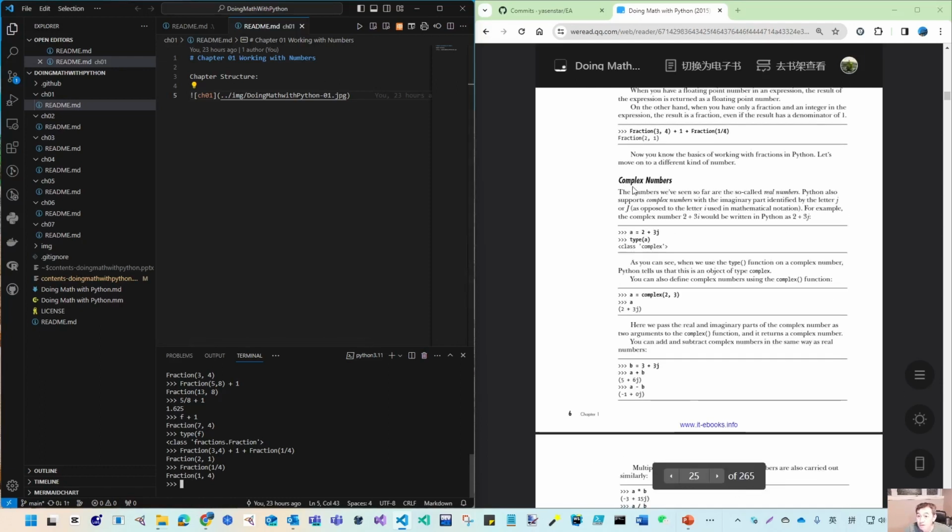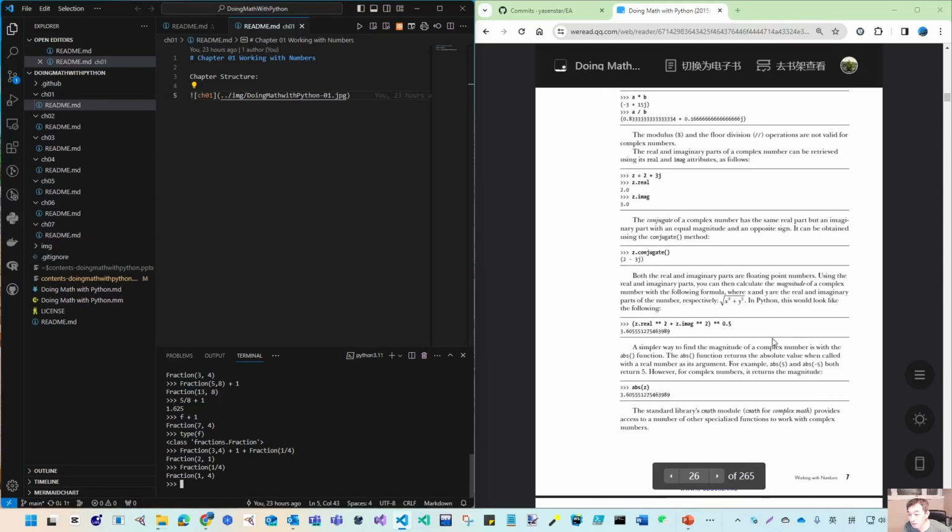And then let's go to the complex. Complex numbers are in the right part of this number classification. It's a deeper level; I think you start to learn this in middle school or high school. They have a real part and another part, which we call the imaginary part.